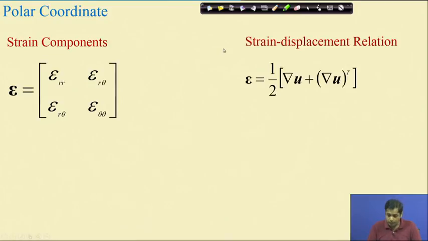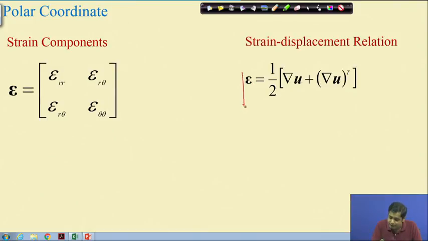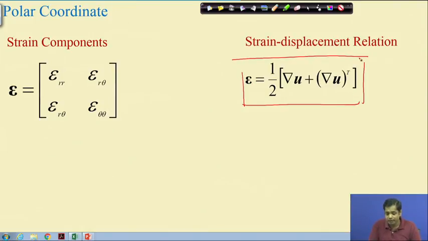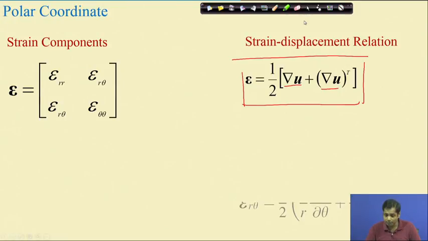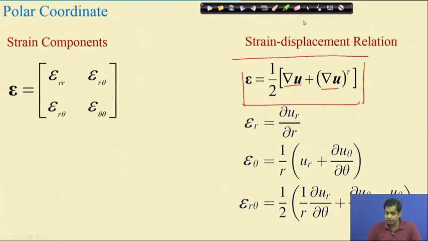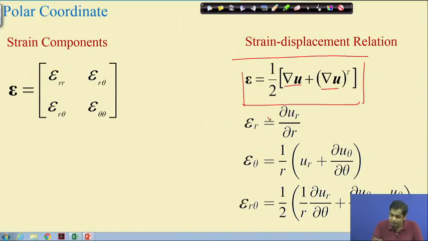Irrespective of the coordinate system, this relation will remain the same. This is the strain displacement relation, the gradient of displacement field. If I express this relation in polar coordinate system, then these are the three different strain components: epsilon r, epsilon theta theta and epsilon r theta.